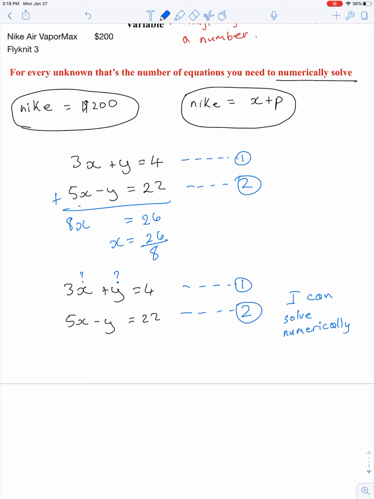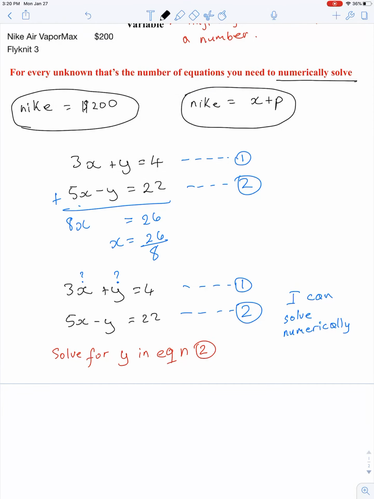Once you have done that, then you're going to solve for one of the unknowns. So I am going to solve for y in equation 2.